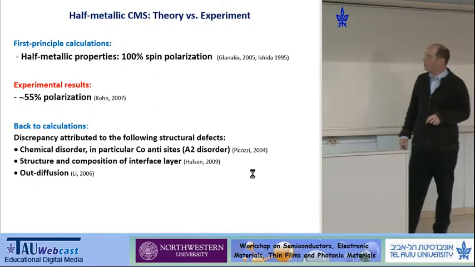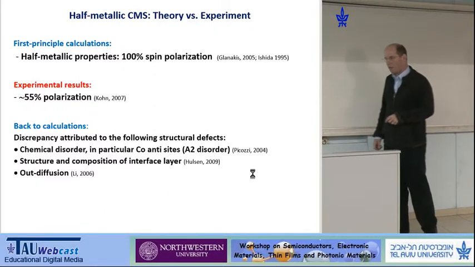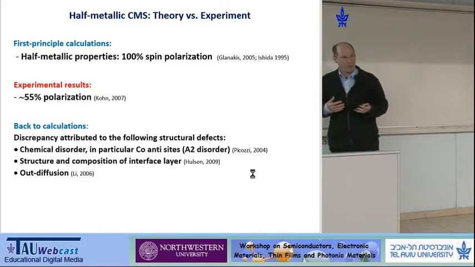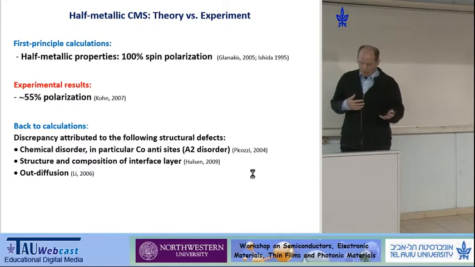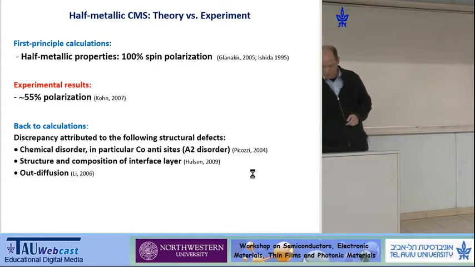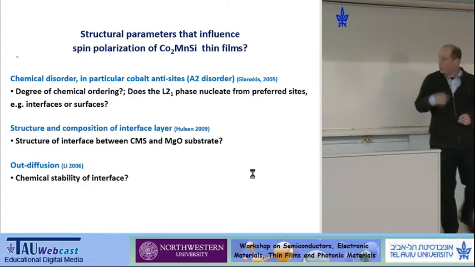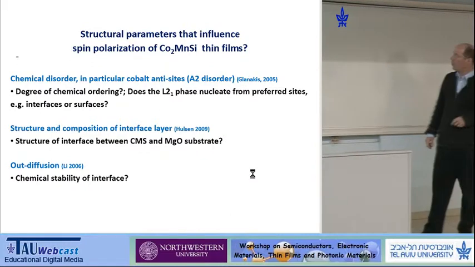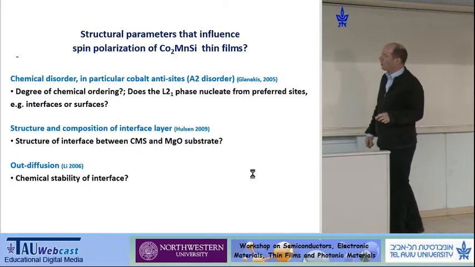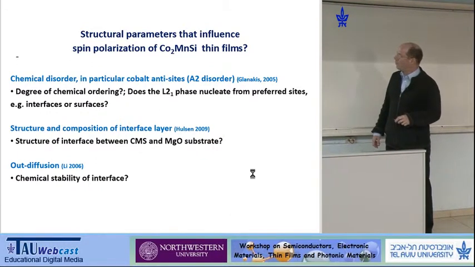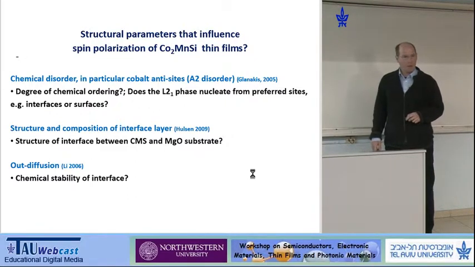And other possibilities have been raised, basically an interaction between the ferromagnetic electrode and the magnesium oxide tunneling barrier. So these are exactly the questions that we were looking for: the chemical disorder, especially at regions of the interface, and the structure and composition of the interface layer.